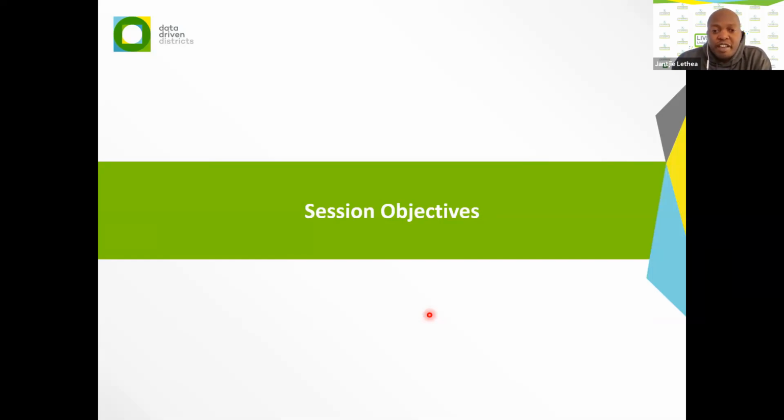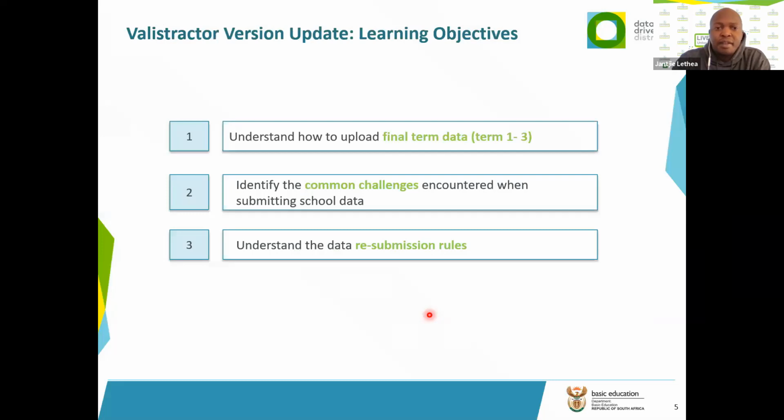On today's session objectives, we have three key learning objectives. The first one is that we want our officials to understand how to upload final term data. We have term 1 to term 3 throughout the year, and particularly we are focusing on final term submission, not your weekly submission.